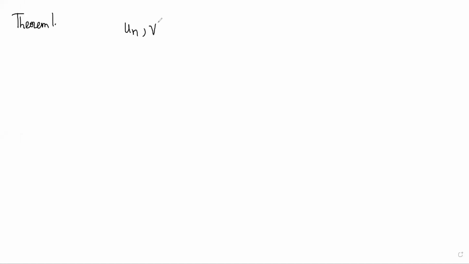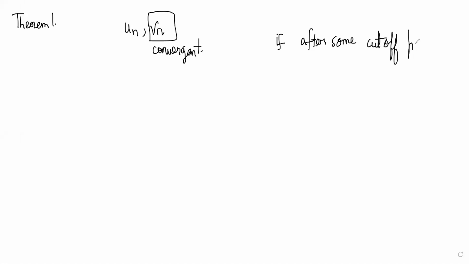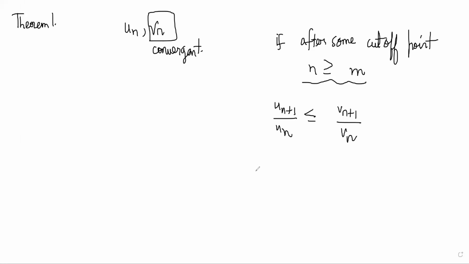The theorem that we are saying, have you understood what is the meaning? There are two series un, vn. This is convergent. If after some cutoff point m, for n greater than m, un plus 1 by un is less than or equal to vn plus 1 by vn, then the un series is also convergent.